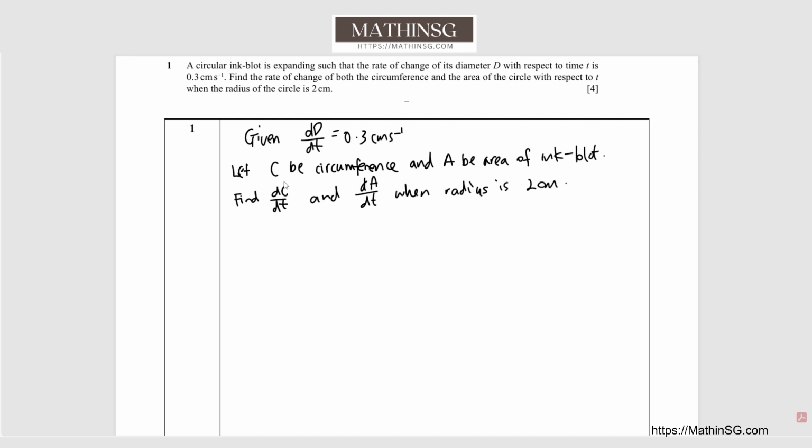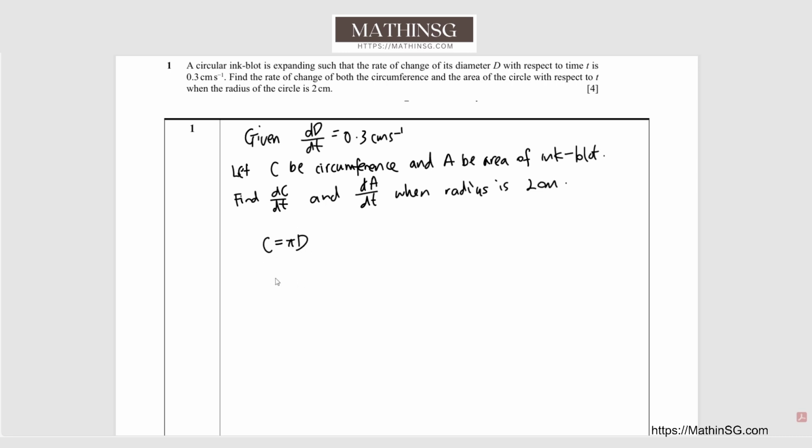So let's start off by finding dC/dt. We are given dD/dt and we want to find dC/dt, so we know that we need to make use of the chain rule, right? In order to make use of the chain rule to find the related rate of change, we first need an equation between C and D. Since C is the circumference, we can write that C equals pi D. So circumference is pi times diameter.